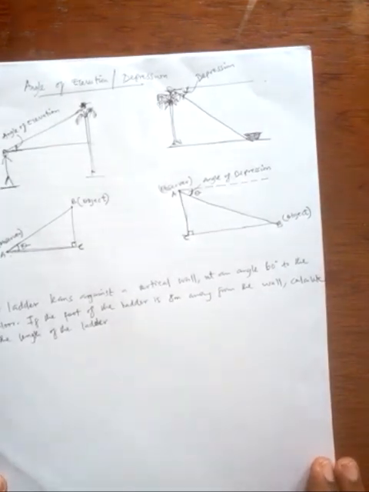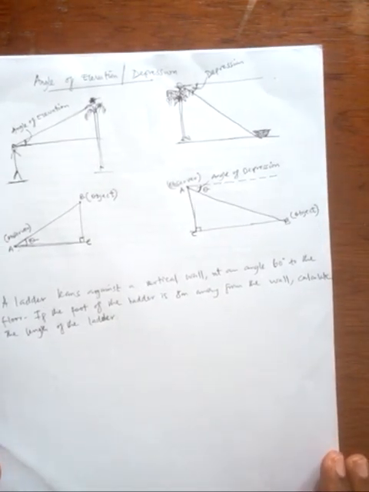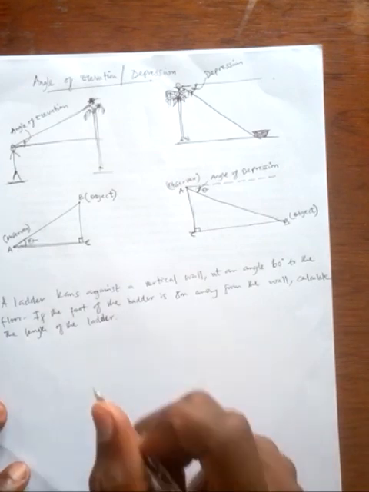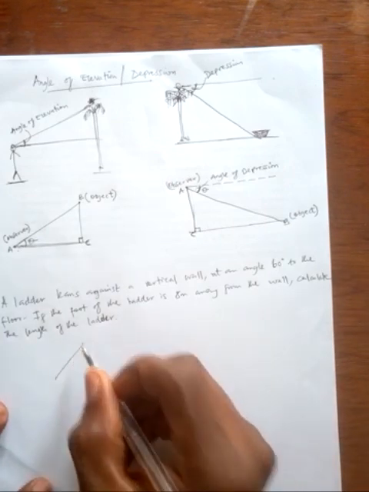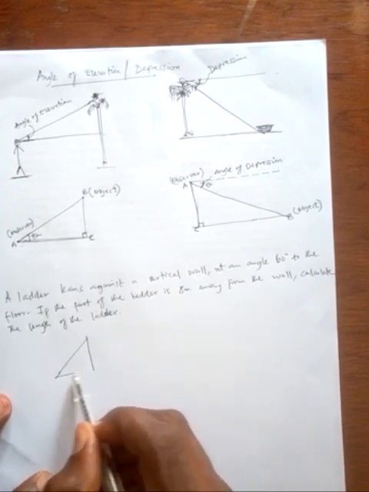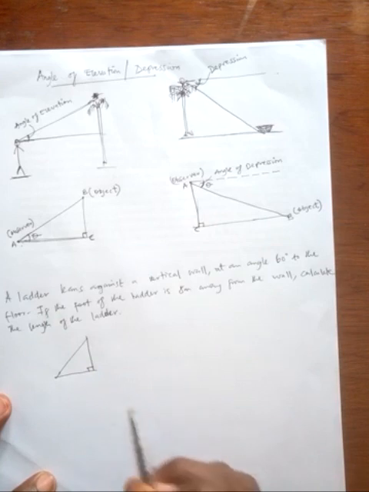So our first problem says a ladder leans against a vertical wall at an angle 60 degrees to the floor. If the foot of the ladder is 8 meters away from the wall, calculate the length of the ladder. So we'll sketch the problem. Always have in mind that it is a right angle triangle.